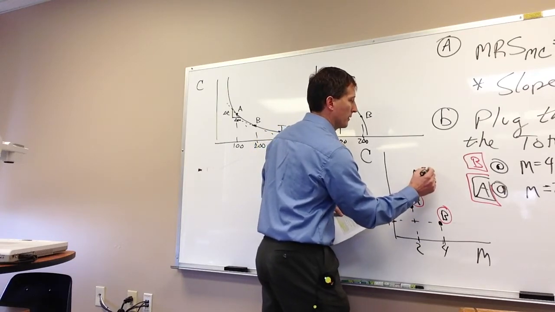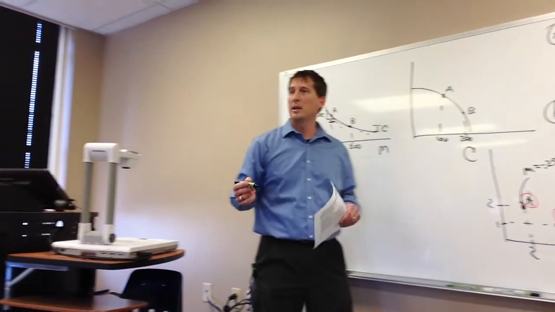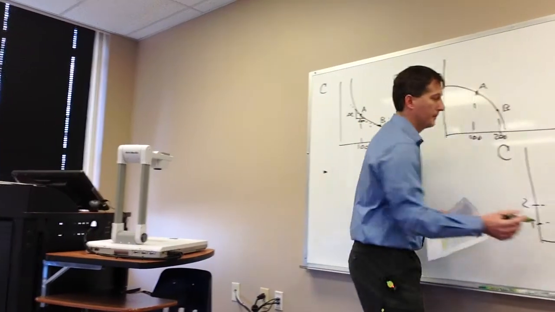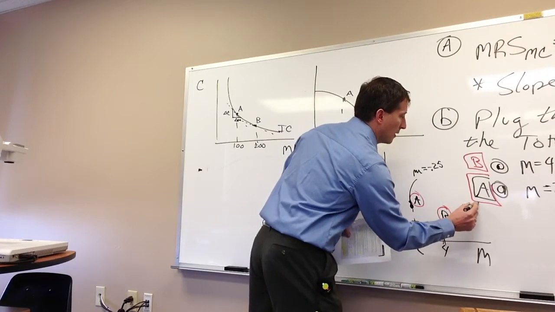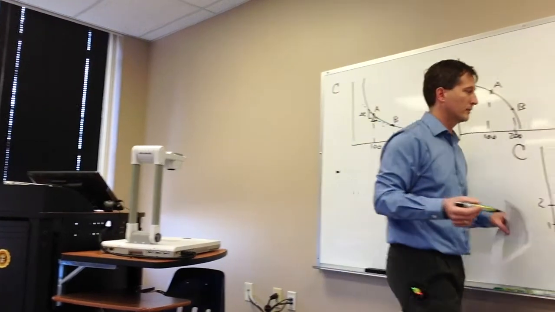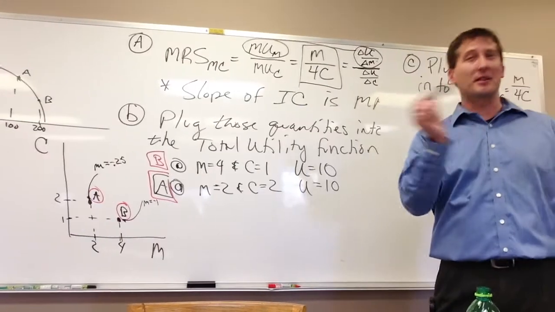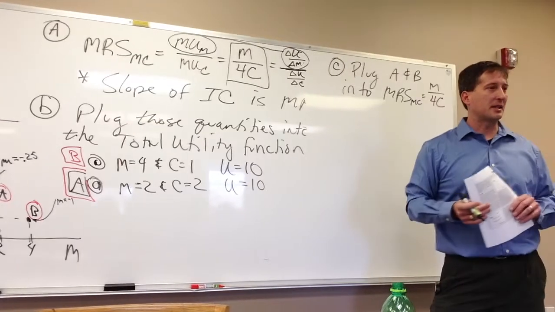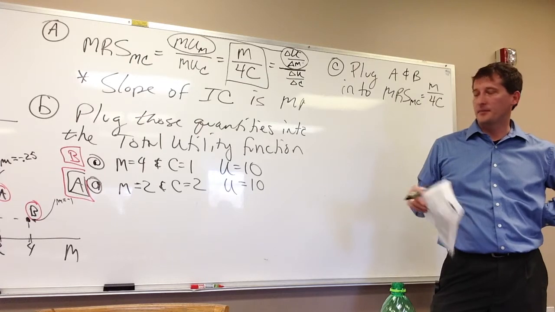Slope equals negative 0.25, 1/4. And B? 1. So the MRS is 1, the slope is negative 1. So I just be thinking sometimes graphically we're thinking that.